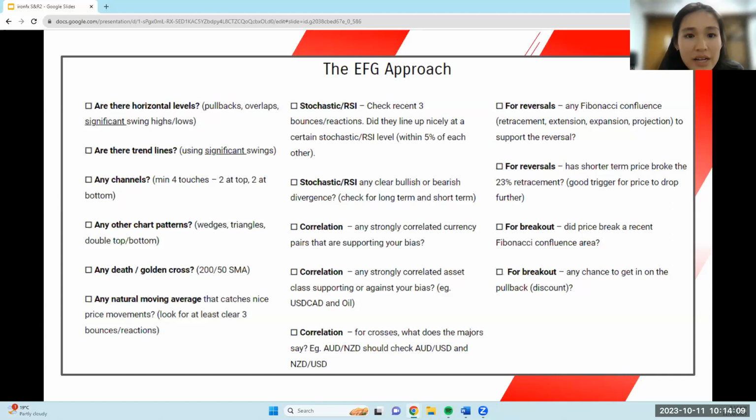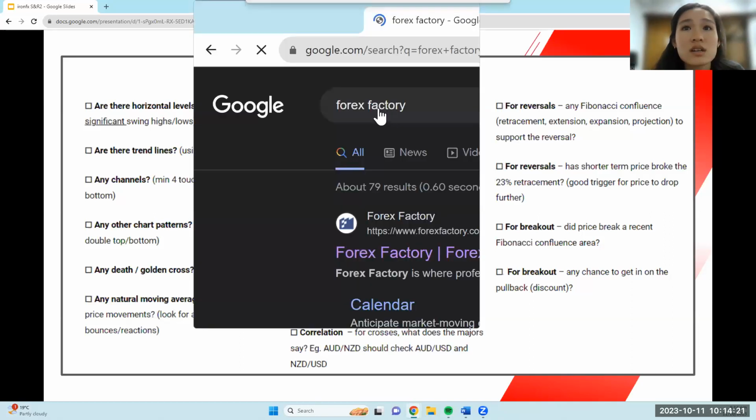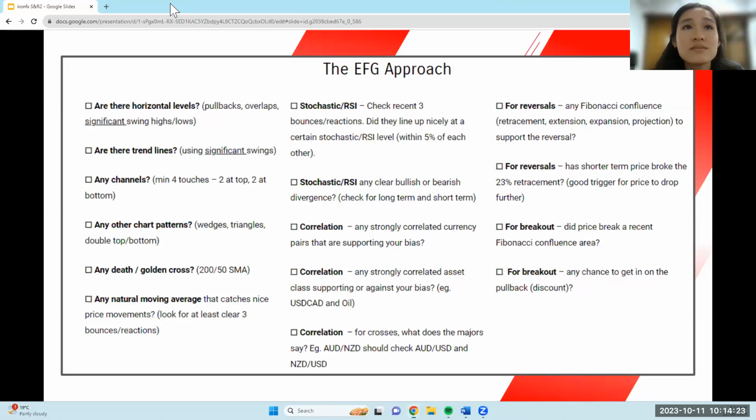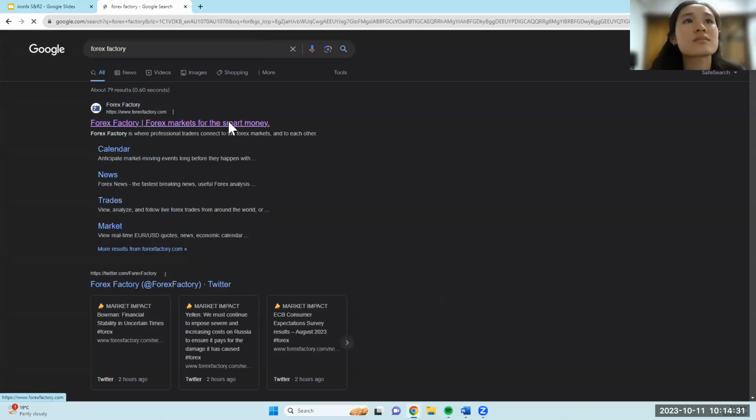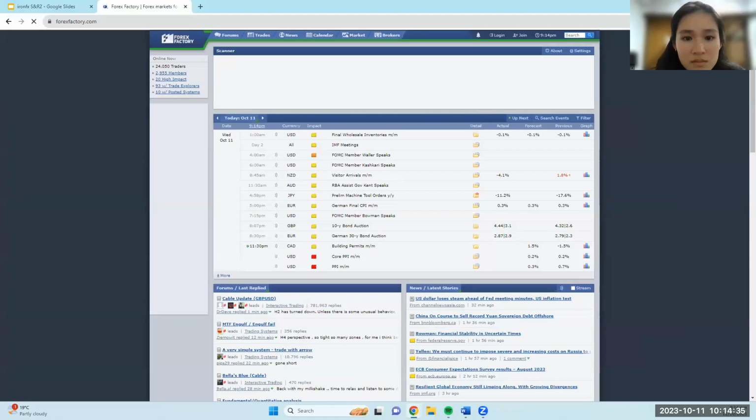Okay, maybe I'll show you guys what the website looks like as well. This is Forex Factory, sorry.